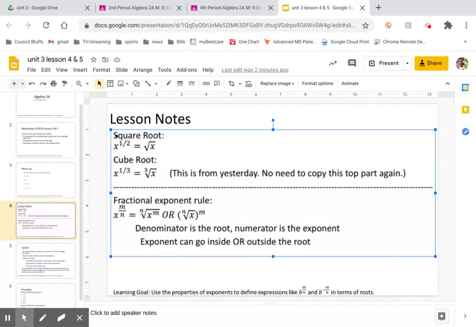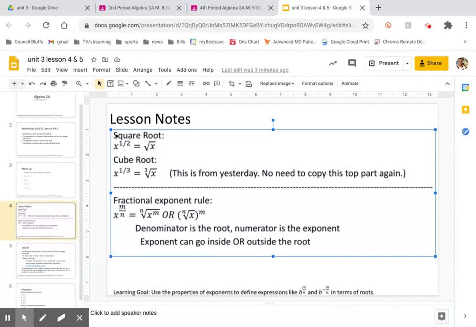But what happens if the numerator is anything other than 1? And that is what this fractional exponent rule is going to talk about today. So it turns out the denominator is still going to be your root. Okay, your denominator is still going to be your root.